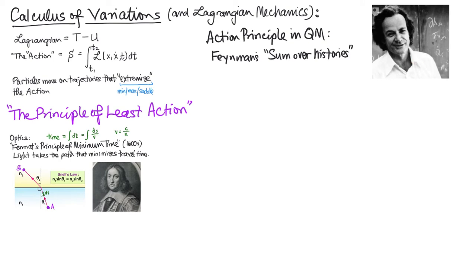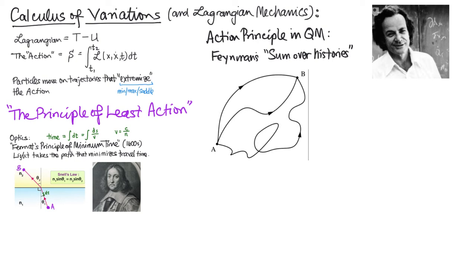So here we see Richard Feynman, and Richard Feynman is saying that in quantum mechanics, let's say you have a particle traveling from point A to point B. That particle actually takes not one path, but it takes all possible paths. And the probability amplitude that a particle will start at A and end at B is given by the sum of all of the amplitudes for all of the different paths.